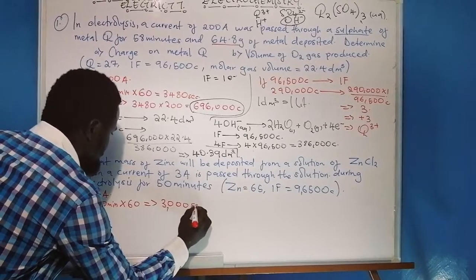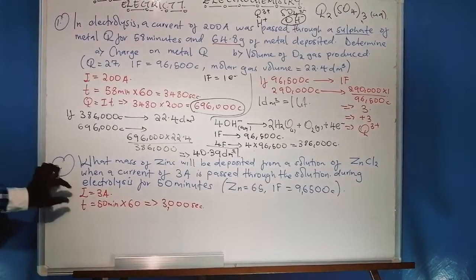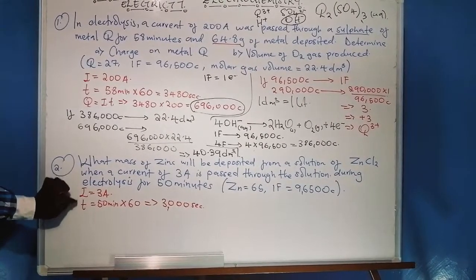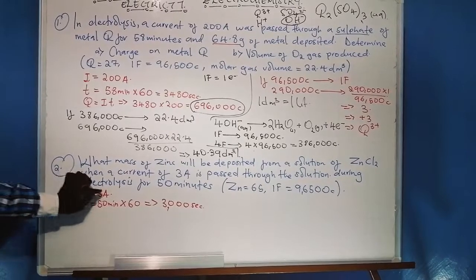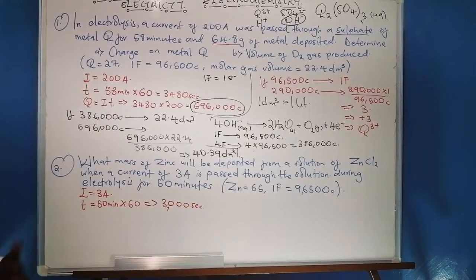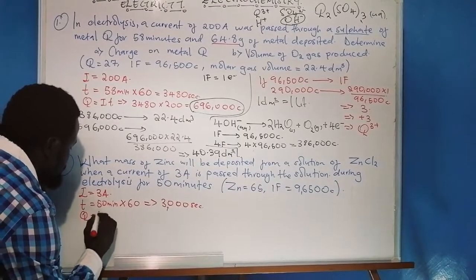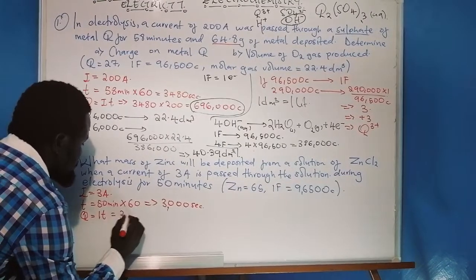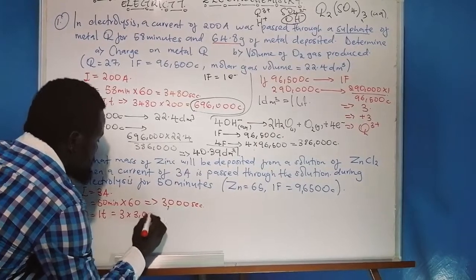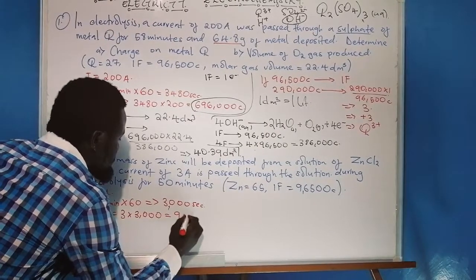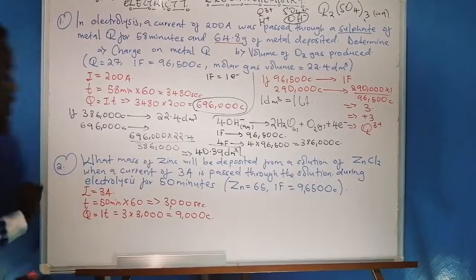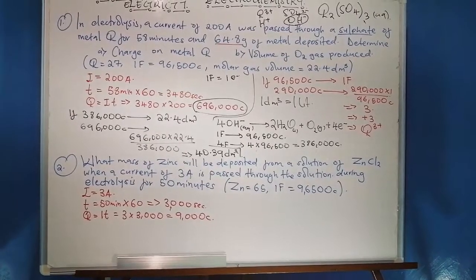The answer will be automatically 3,000 seconds. So from there, I can calculate the quantity of electricity that will be produced when a current of 3 amperes is passed through for 3,000 seconds. So Q is equal to It, which is 3 times 3,000. That will give me 9,000 coulombs. I hope that is very clear.